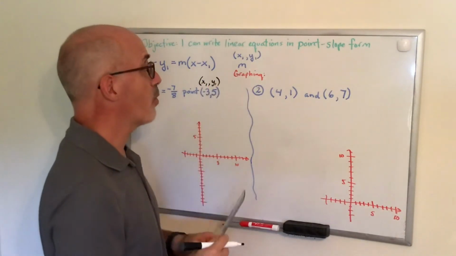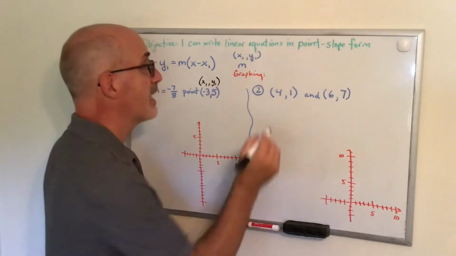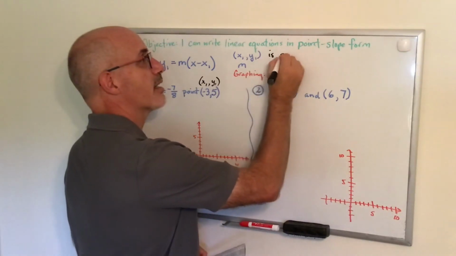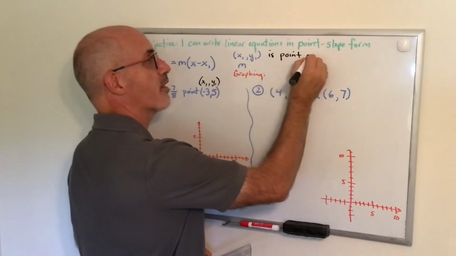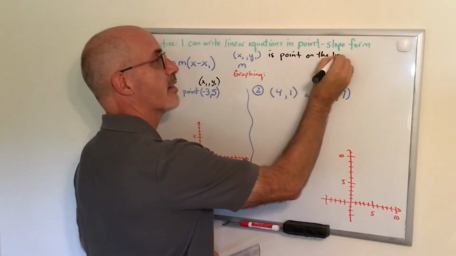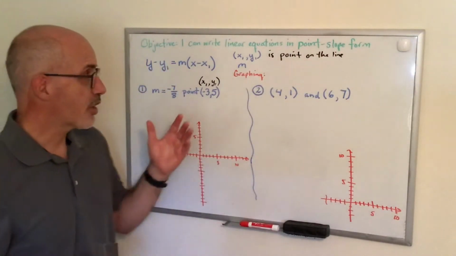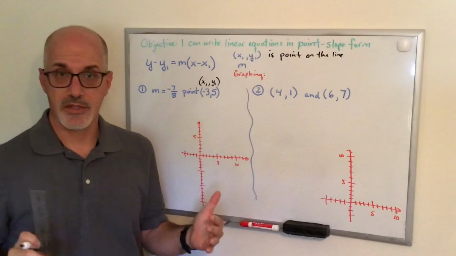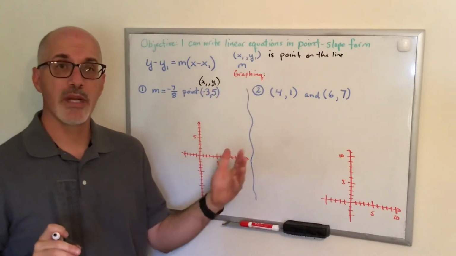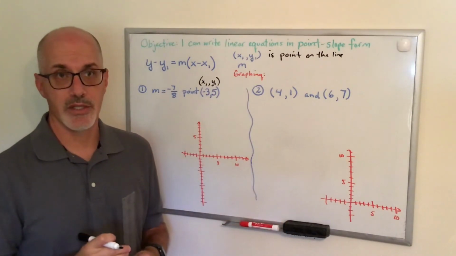So x sub 1, y sub 1 on this is a point on the line. Now, it could be any point, so since there's an infinite number of points, whichever point is given to you is the one we're going to use.